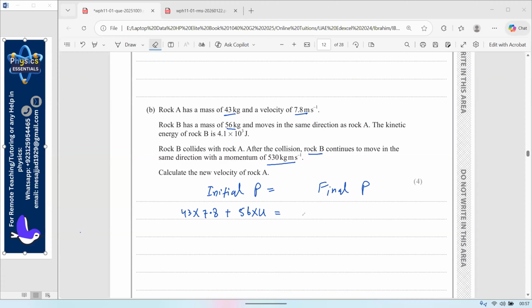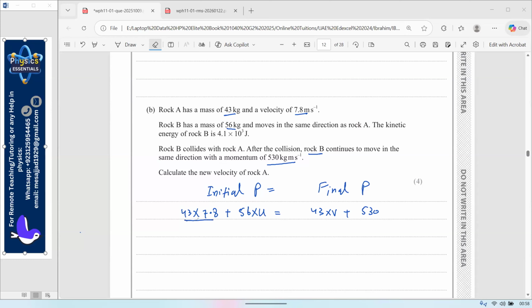For A, it will be 43 into V. And for B, it is already given as 530, so we don't need to write mass into velocity.